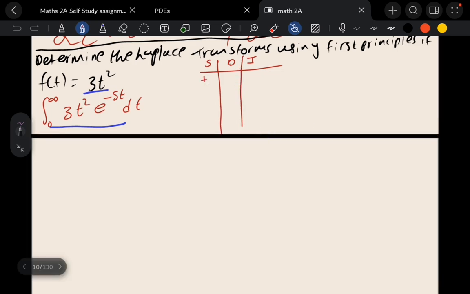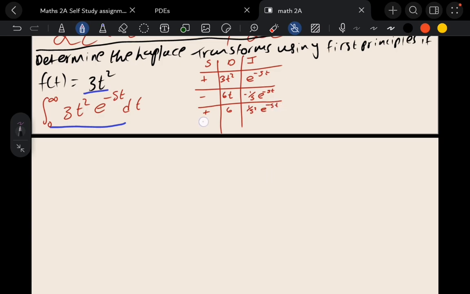so it's plus, this is going to be 3t squared e to the power negative st, minus 6t times negative 1 over s e to the power negative st, plus 6 times 1 over s squared e to the power negative st, minus 0 times negative 1 over s cubed e to the power negative st. And then that will multiply, will multiply, will multiply.